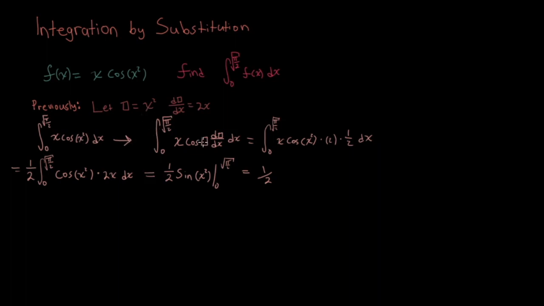Then we would put our placeholder into the integral and multiply it by d box by dx, because we want to get it into a form that is suitable for integrating.